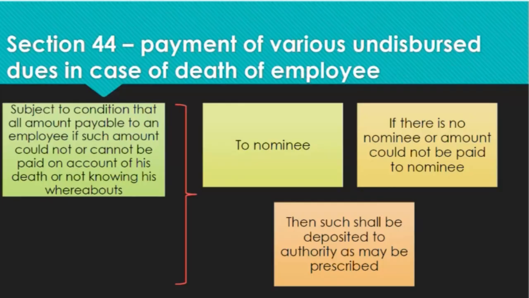If there is no nominee or if there is some dispute because of which we are not able to pay the amount to the nominee, then the amount will be deposited to the authority as may be prescribed. Authority is your state or central government, and then once the dispute is resolved, the nominee can apply for the payment and the amount will be paid. Okay, so it will be paid to the nominee, and if there is no nominee or if there is a dispute, the amount will be deposited with the appropriate authority.